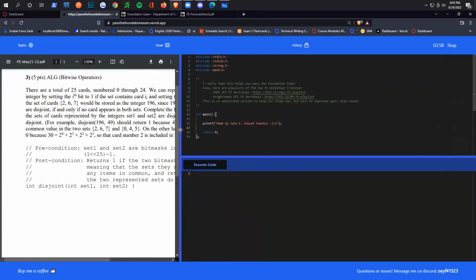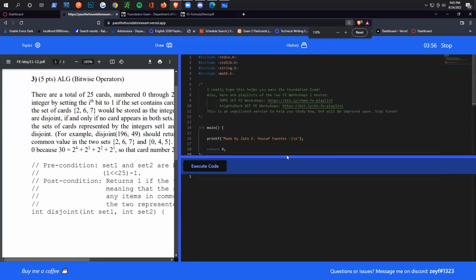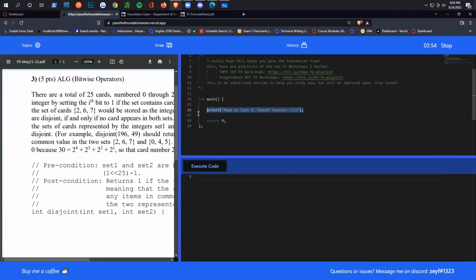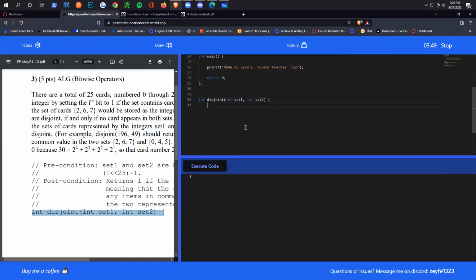We're going to have disjoint, and since we're basing it off of intersection, meaning what they have in common, meaning AND, we can just return the AND of set 1 and set 2.